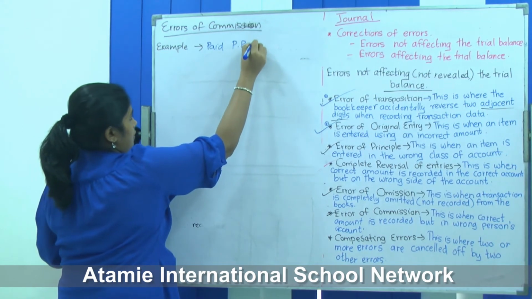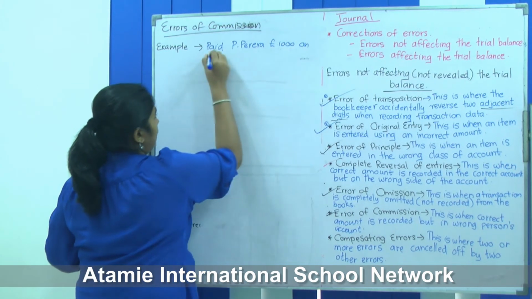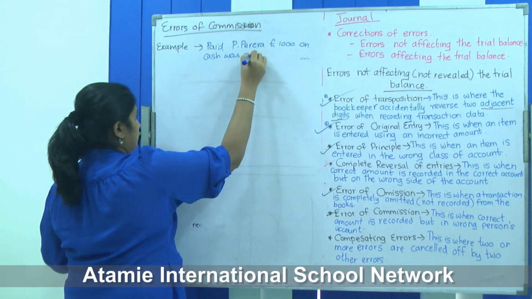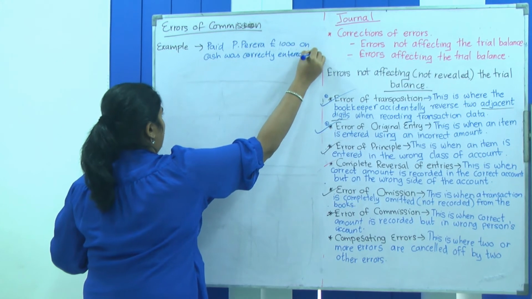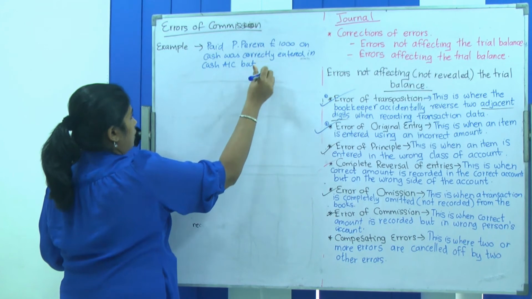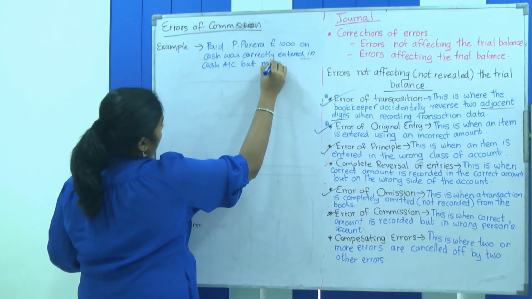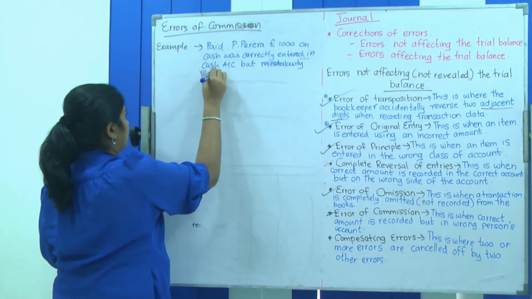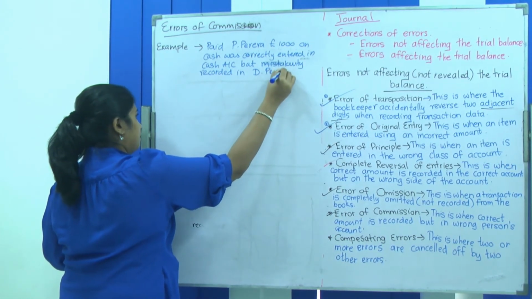Paid P. Pereira 1,000 in cash, was correctly entered in the cash book or cash account, but mistakenly recorded in D. Pereira's account.